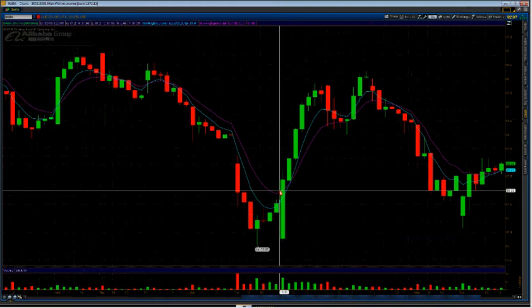Well, for me to be long in it, I need the 9 to not be pointing what direction? Down. So you'll see that very few times.